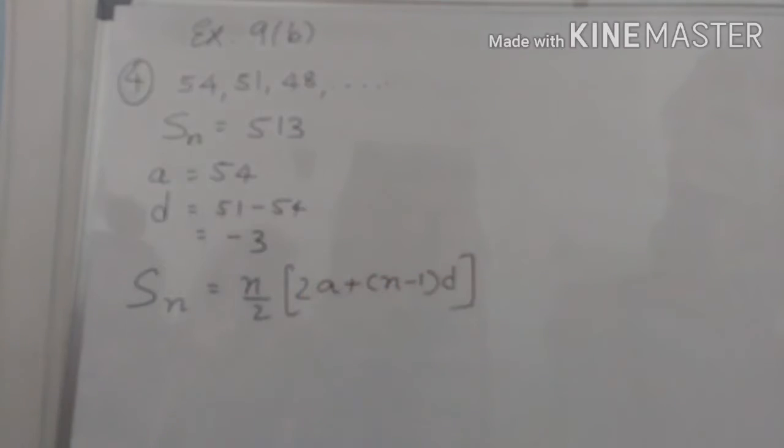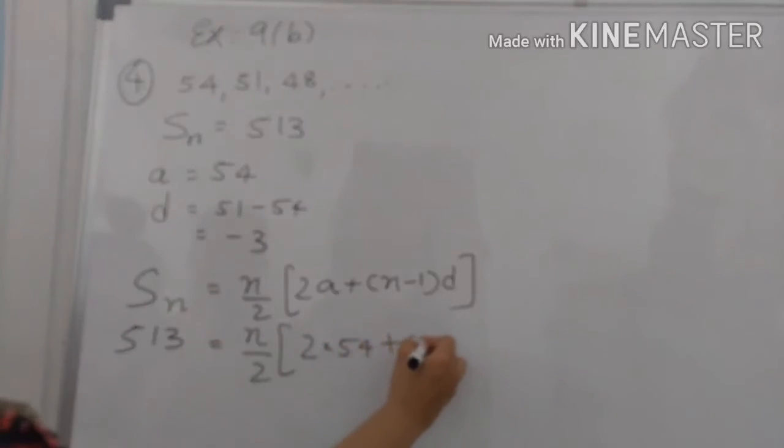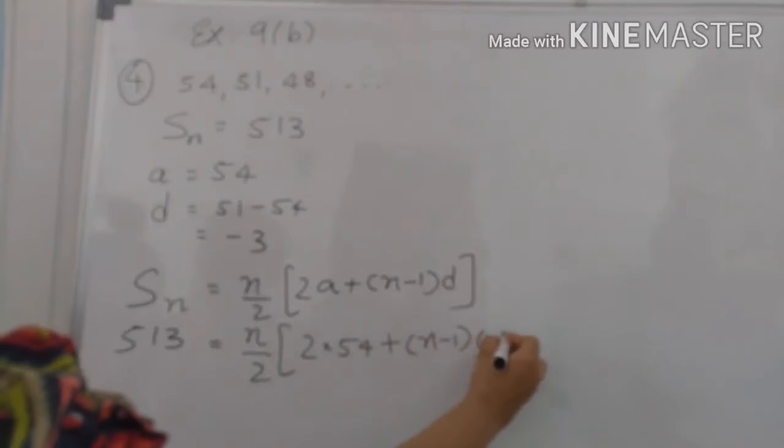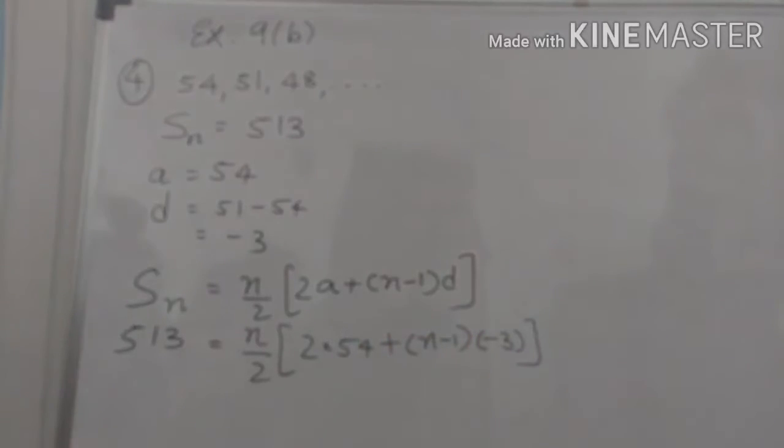This is our Sn formula we are applying. And the values we have, we are substituting here. N value we don't know, we want to find out. And A is 54 plus n minus 1 as it is, and here is minus 3.